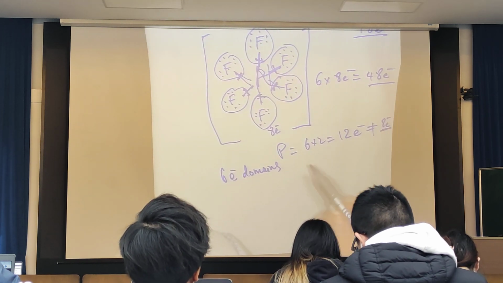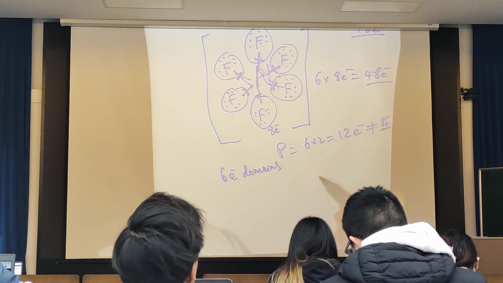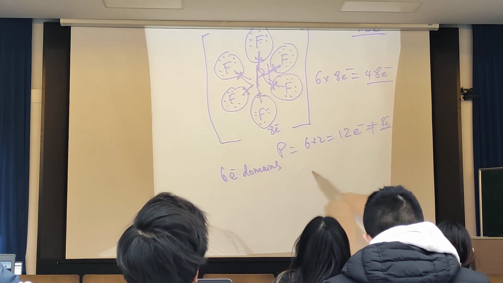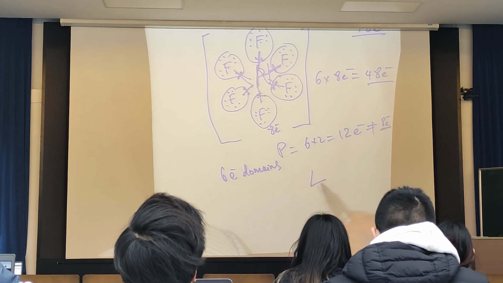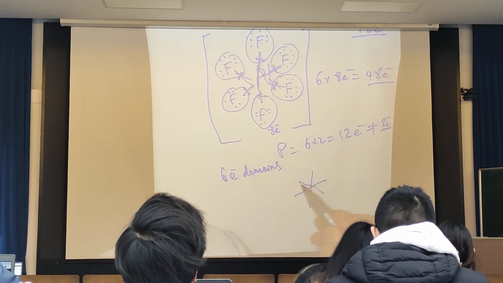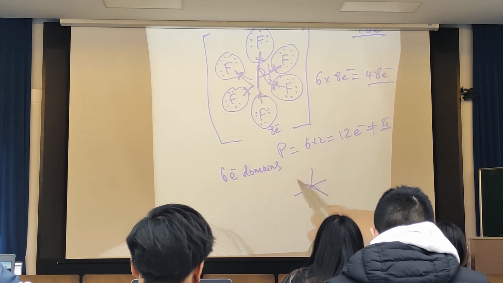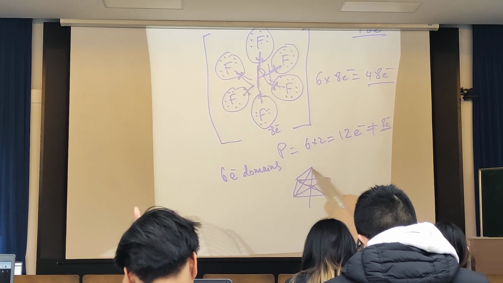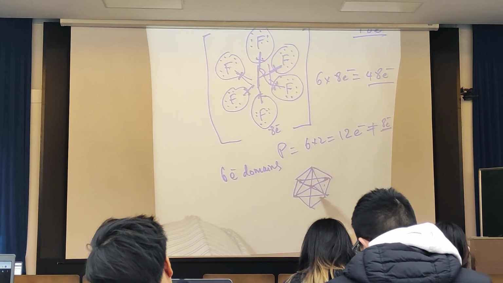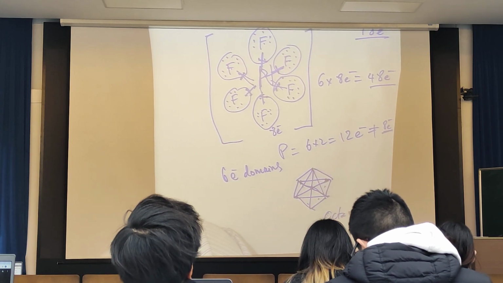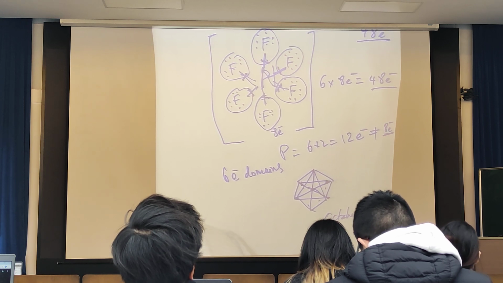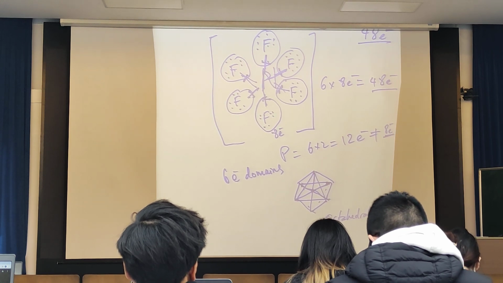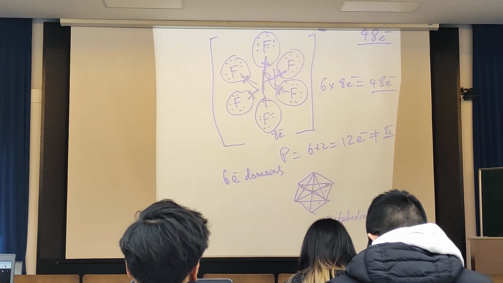So if you want to arrange 6 electron domains in 3-dimensional geometry, you have octahedral. Okay? So the geometry of this compound will be octahedral.